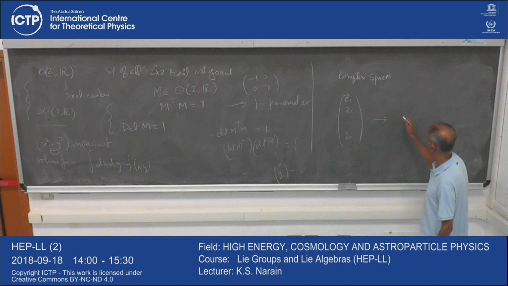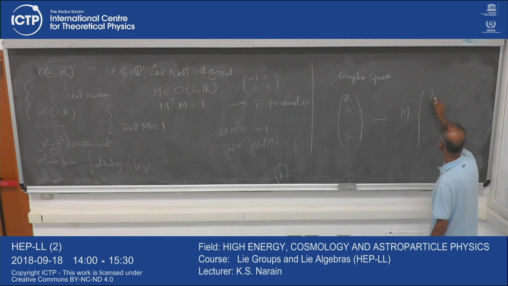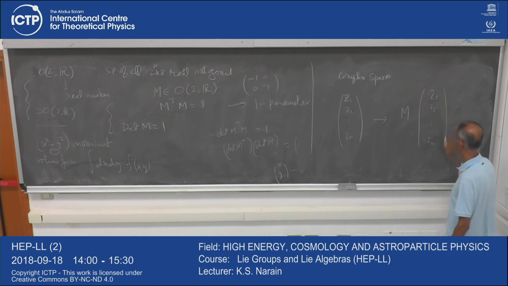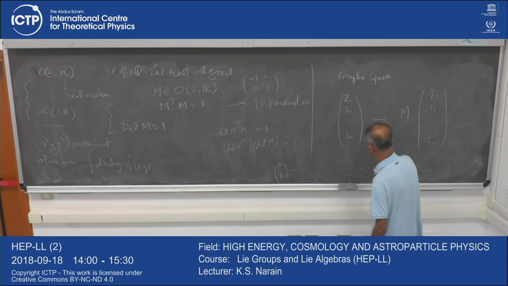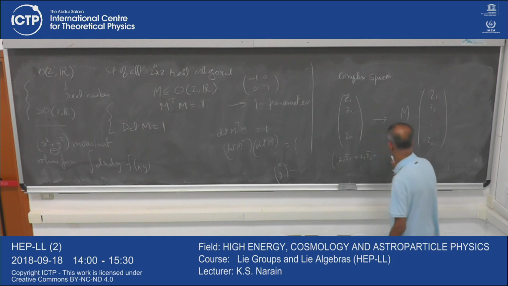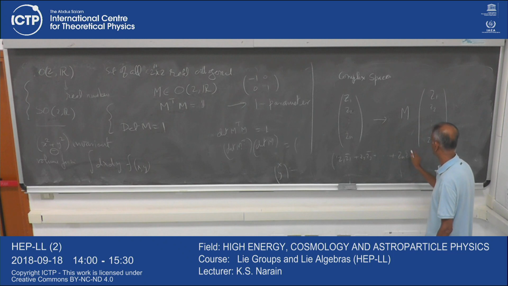So this goes to some matrix again, M, a linear transformation, in such a way that this length, Z1 Z1 bar plus Z2 Z2 bar, and so on, all the way up to Zn Zn bar, is invariant.